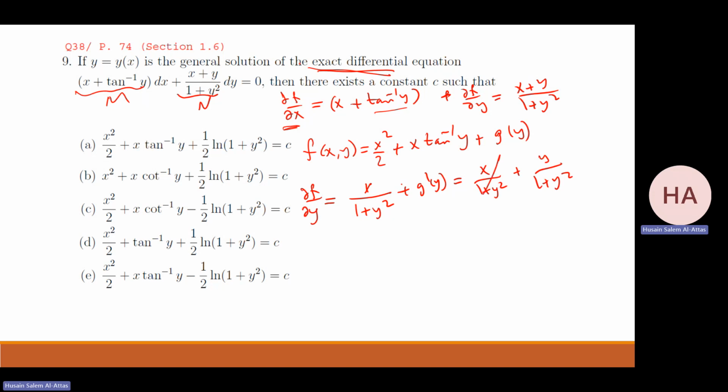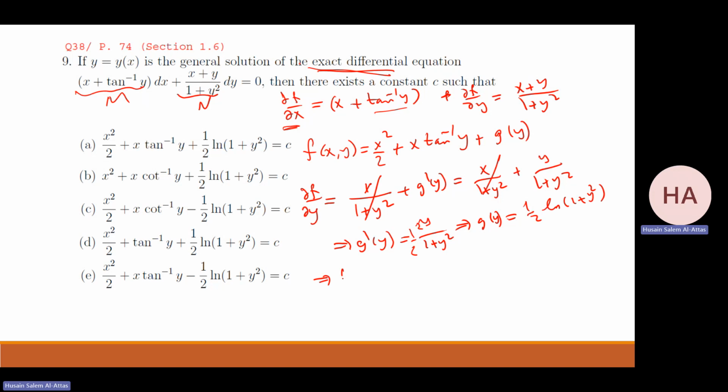I wrote it this way, so this is cancelled. So g prime of y will be y over 1 plus y squared. So what will be g of y? Yeah, I can put the half outside. That will be half ln 1 plus y squared.